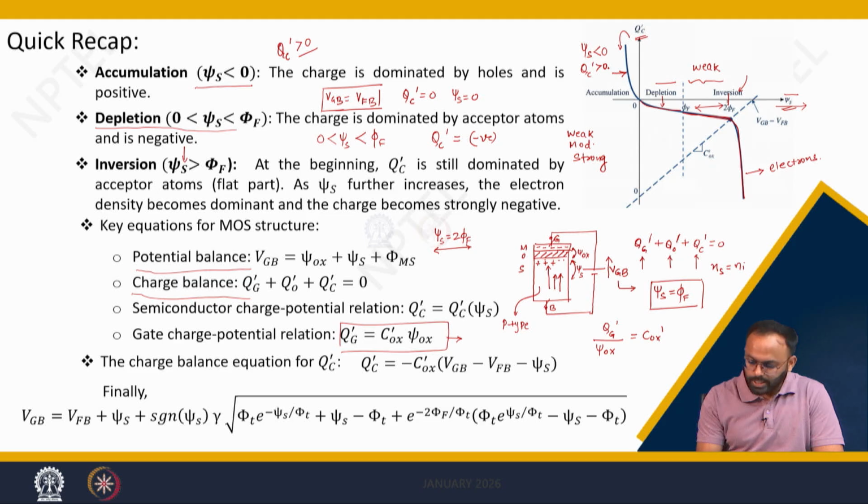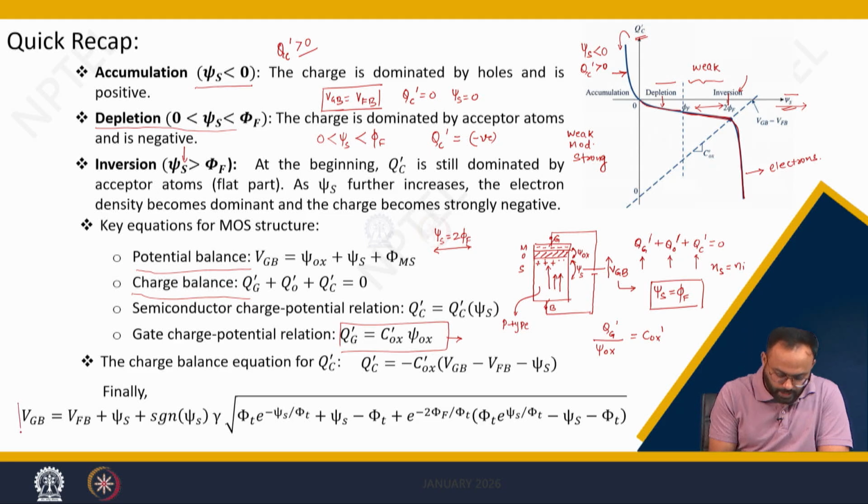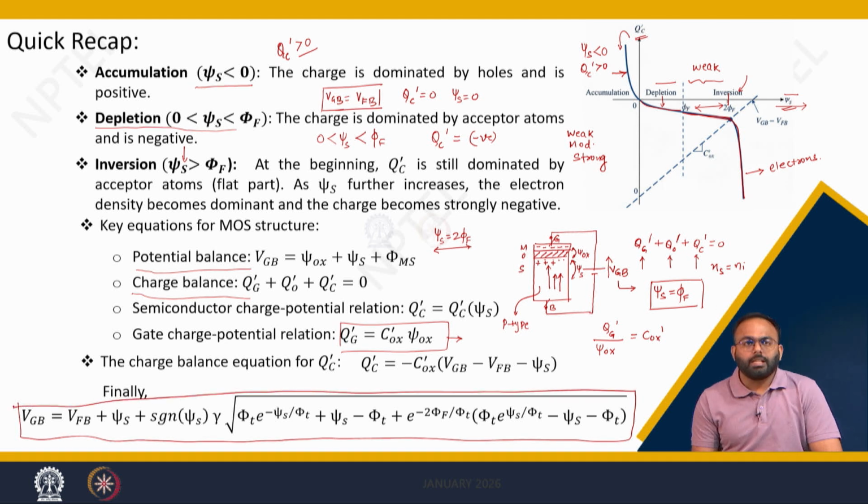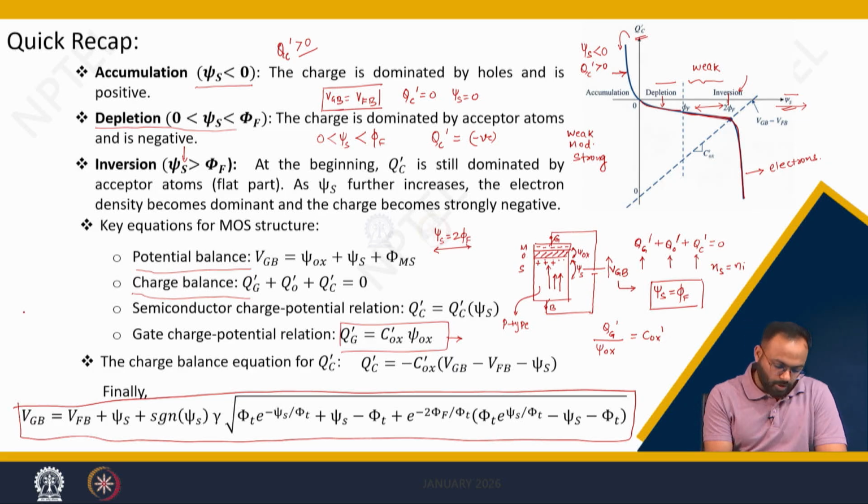After solving all these crunching equations, we finally derived the relation between VGB and surface potential by replacing the closed form equation of Qc dash as a function of surface potential.